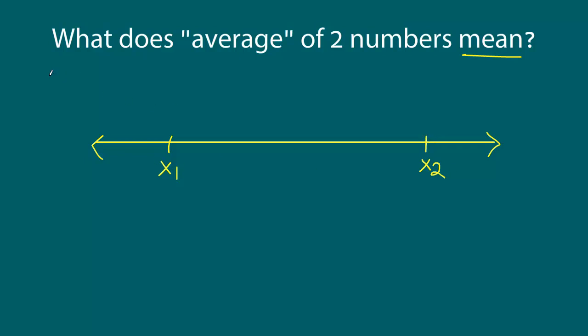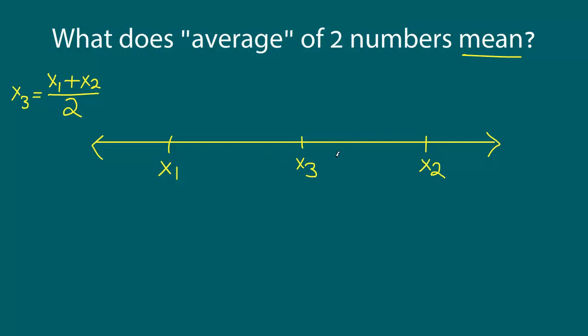We just saw the average will be x1 plus x2, the sum of them, divided by 2. Let's call this x3. What it really means is that this point x3 is right in the middle of x1 and x2. That means x3 is the midpoint of x1 and x2. So the average of two numbers is simply the midpoint of the two numbers.